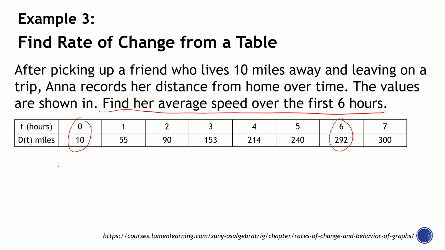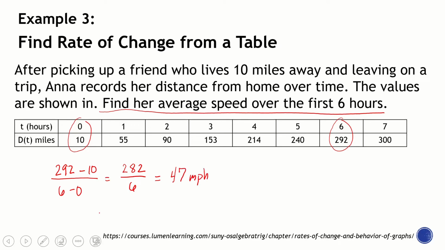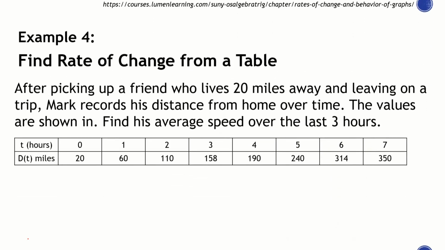So this will be 292 minus 10 over 6 minus 0, which is equal to 282 over 6, and that is equal to 47 miles per hour. All right. Let's go to the next example.